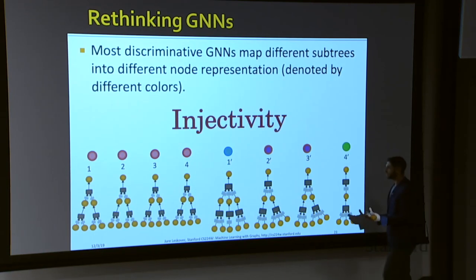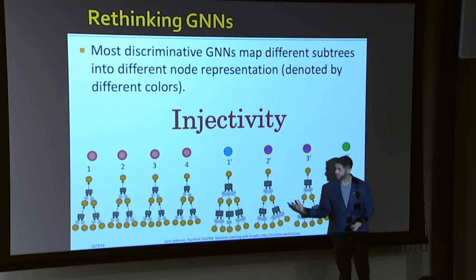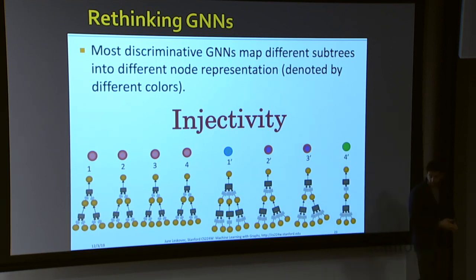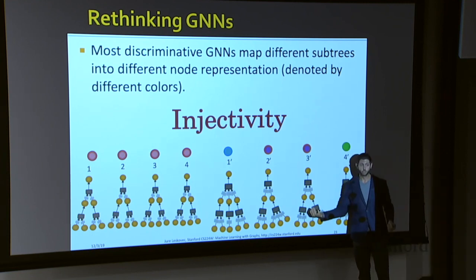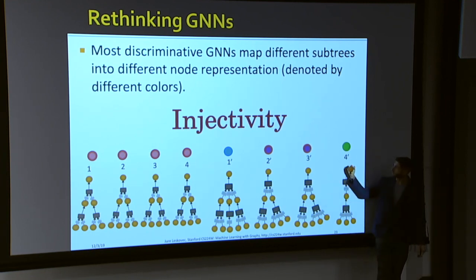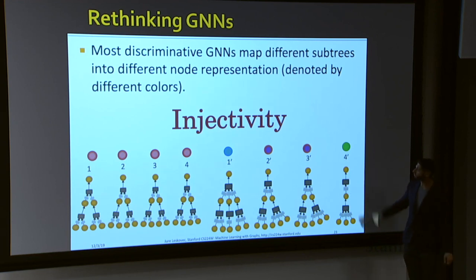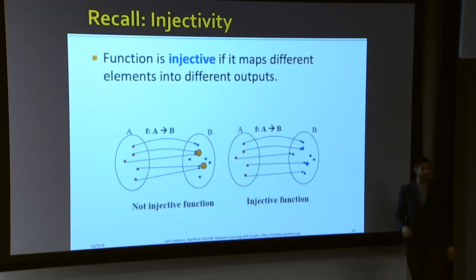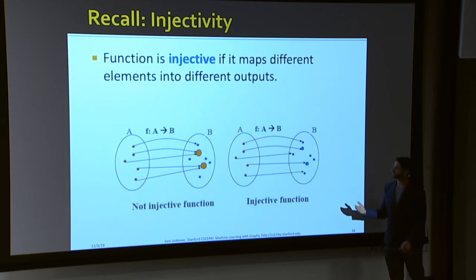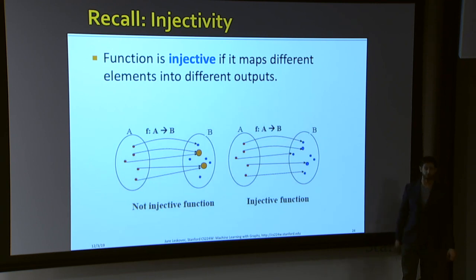So at the end of the day, what we really want is a way to build an injective function that goes from our node to its representation. Now, in case you forgot your first year of maths, I'm going to give a very quick refresher on what it means for a function to be injective. Basically, a function is injective if it maps different elements into different outputs, okay?